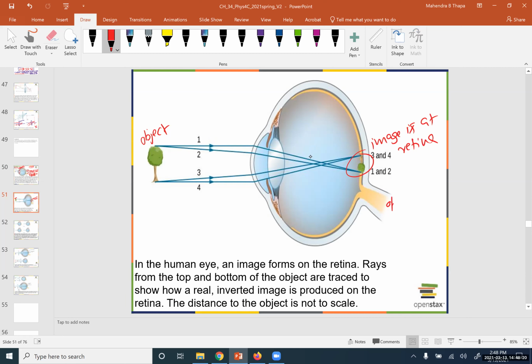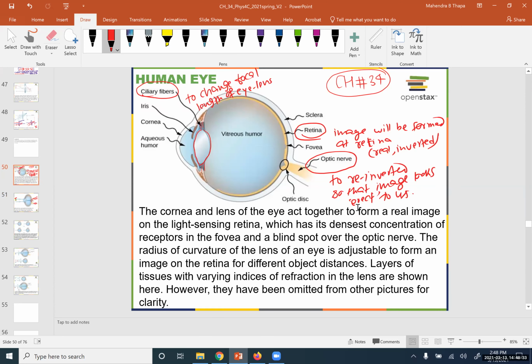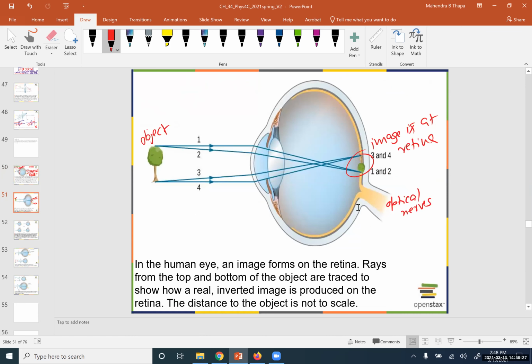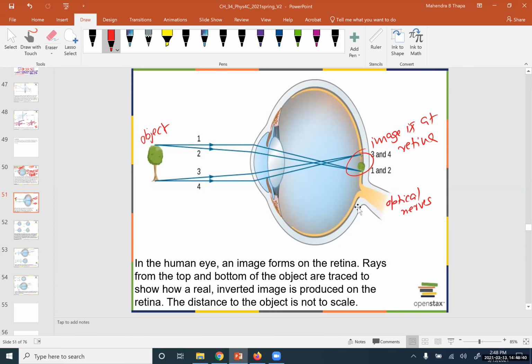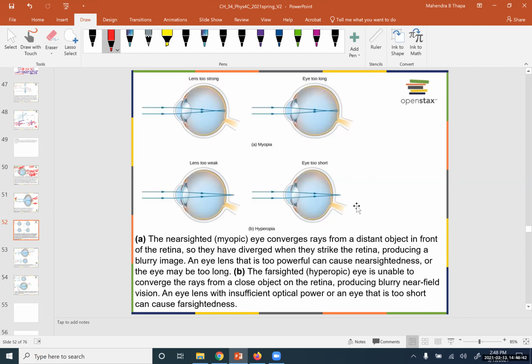The main role of the optical nerve is to reinvert the image so that it appears erect.